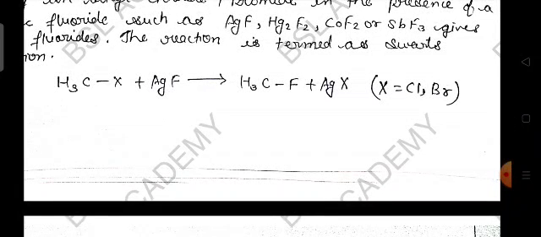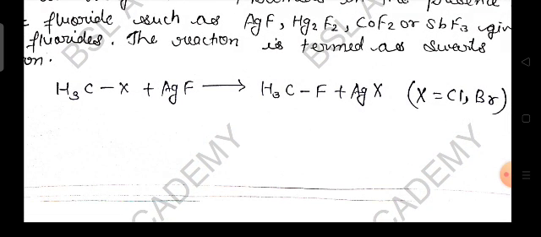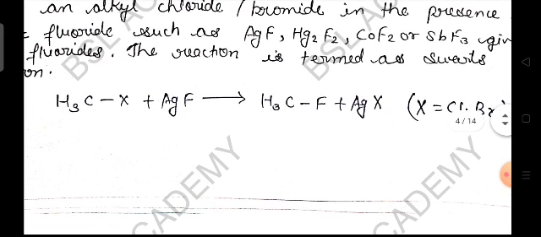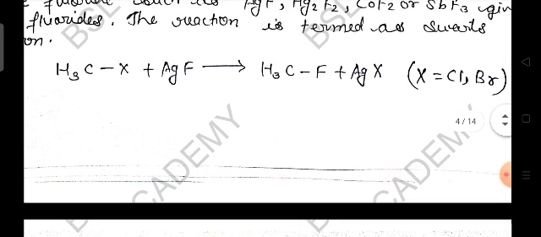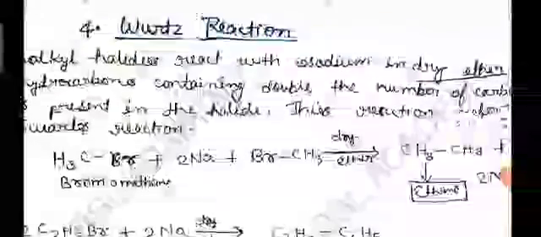So here you can see CH3X, X meaning halogen, chlorine or bromine, plus AgF gives CH3F plus AgX. Here you can see the displacement reaction occurred, CH3X and here CH3F. So this is also a very important reaction and also very easy.